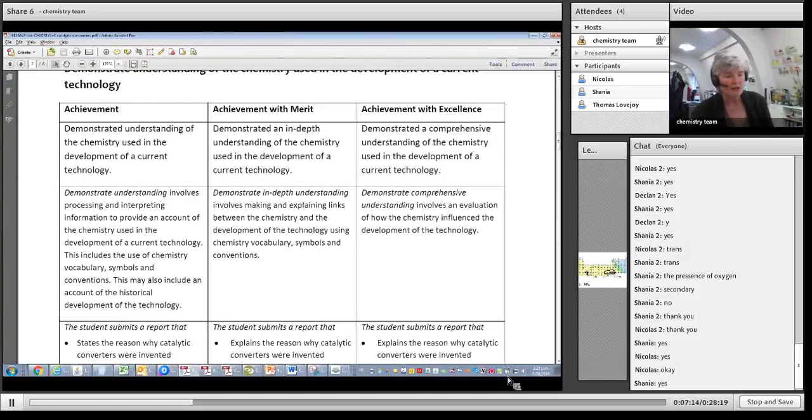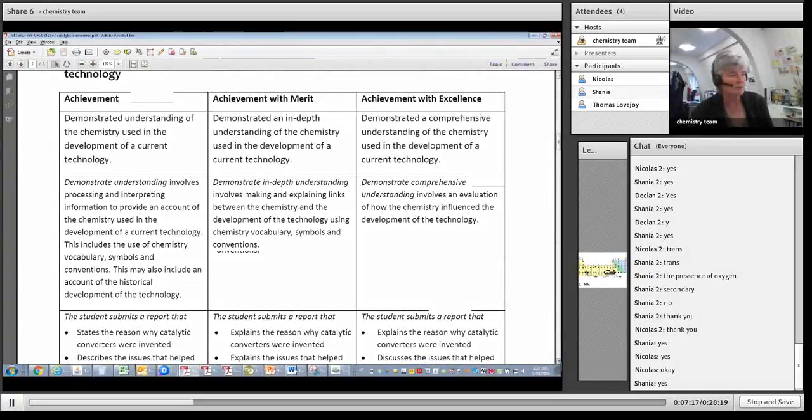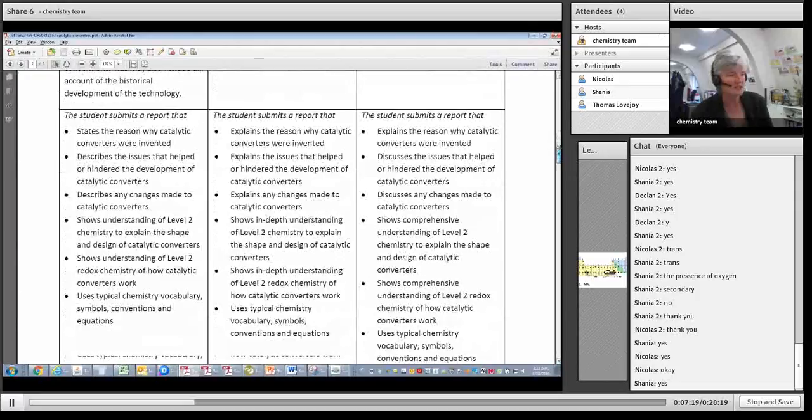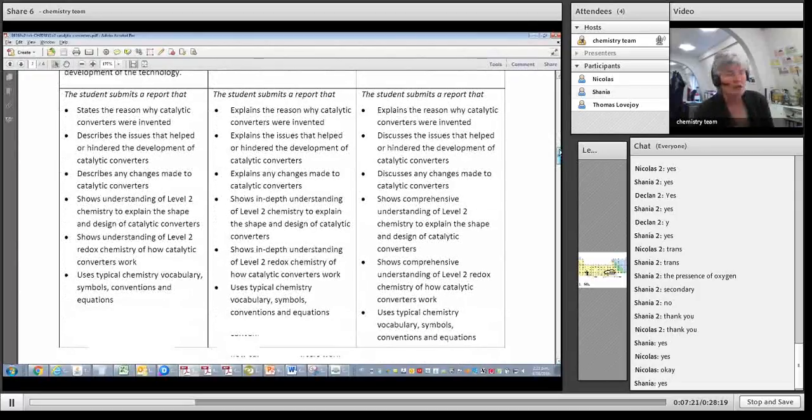Our assessment schedule is pretty much what you see here, okay? So we are looking at, why do we have catalytic converters?